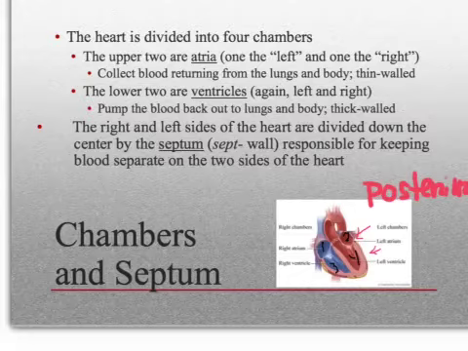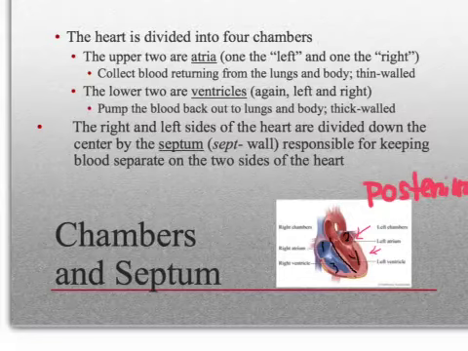The center of the heart is divided. It's a dividing line called the septum, which means the wall. Anywhere in your body that there are little walls to divide 2 sides, it's pretty much called the septum. And the purpose of this is to keep the blood on the right side of the heart separate from the blood on the left side of the heart. And in just a minute, we'll talk about why that's important.